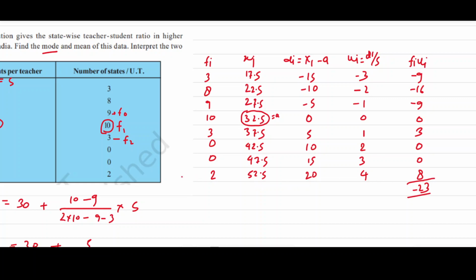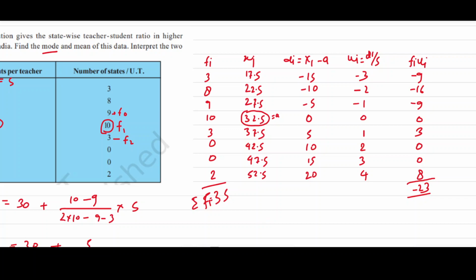Now here we have sigma Fi. What will be the sigma Fi after adding? We will get 3, 6, 8, 16, 24, 25, and 10, that will be 35. So this is the sigma Fi.